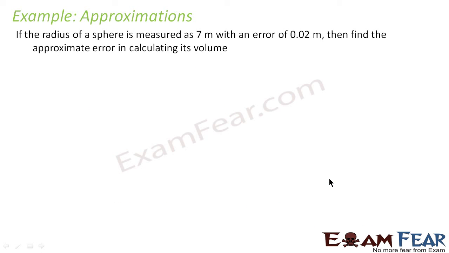Let's take one more example. The radius of a sphere is measured as 7 meter with an error of 0.02. Find the approximate error in calculating volume. So in this we have to find the error in calculating volume, please note, that is we have to find delta V. If V is equal to f of x, some function, then V plus delta V will be equal to f of x plus delta x.